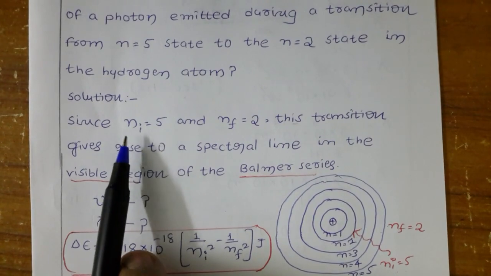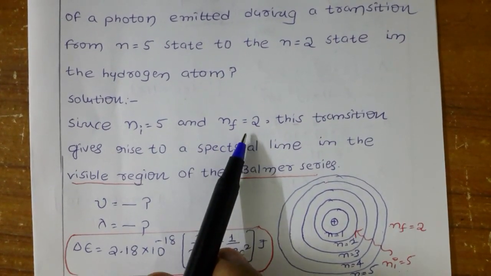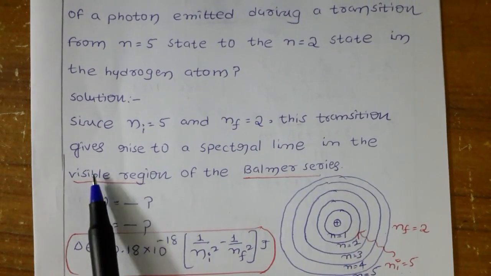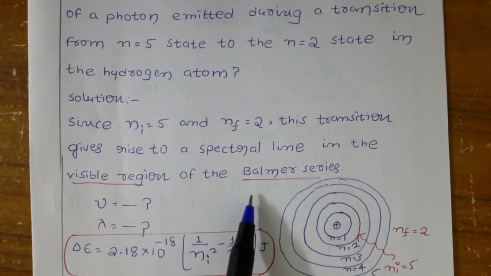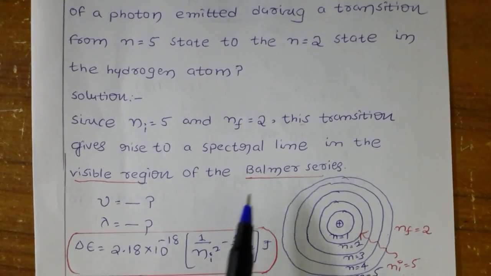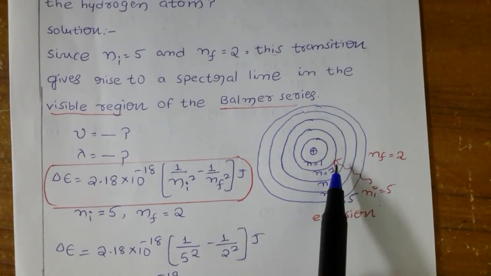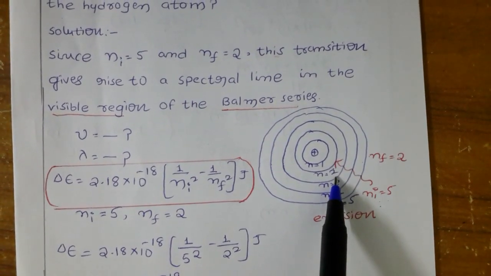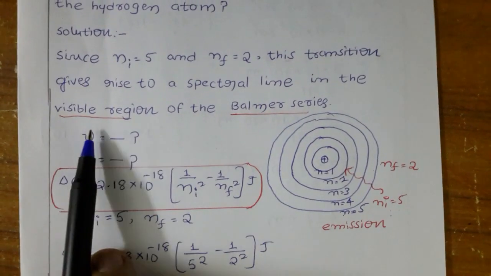Since n i, the initial orbit, is 5 and the final orbit is 2, this transition gives rise to a spectral line in the visible region of the Balmer series. Why? Because if the electron from somewhere stops at the second orbit, it indicates the Balmer series, and the Balmer series is in the visible region.